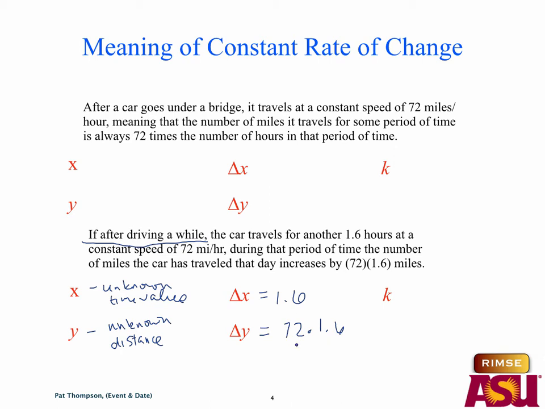Where does that come from? So delta Y is K, which from above, we still know that we're traveling at a constant speed, so K is 72 times delta X. Okay, so we can get delta Y from that. Alrighty. Hopefully that's not too stressful. Is that okay for people?